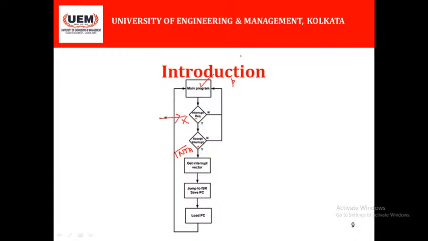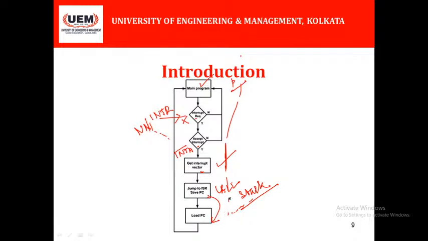An interrupt is coming through the INTR signal or NMI signal, and then we get the interrupt vector address, and then with the help of the call instruction we jump to the ISR, and we save all the necessary data in the stack of the current program P. And then we load the PC with the starting address of the ISR, that is the vector address. Whenever the ISR ends, we once again come back to the main program.